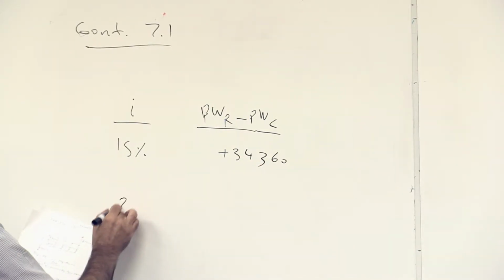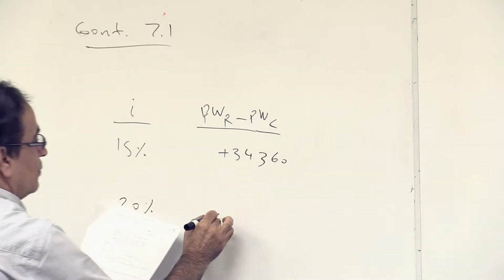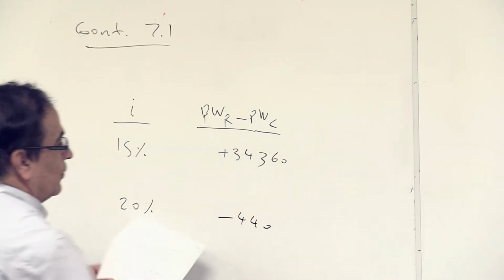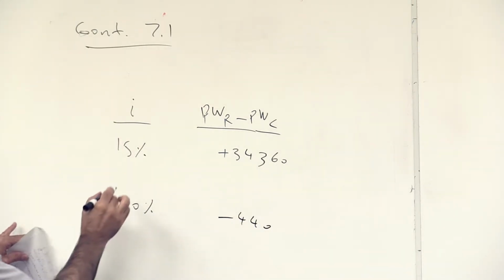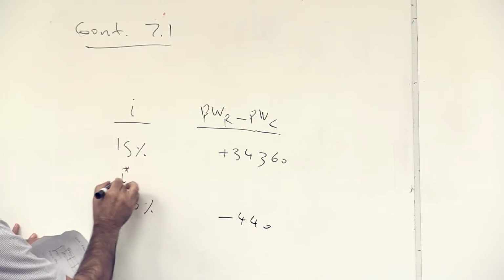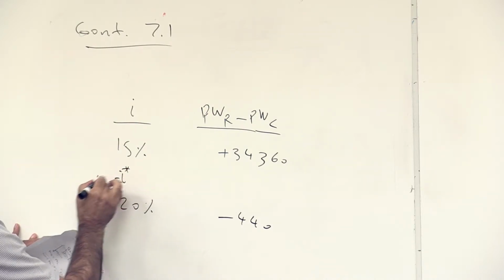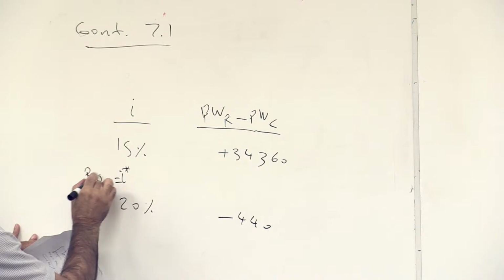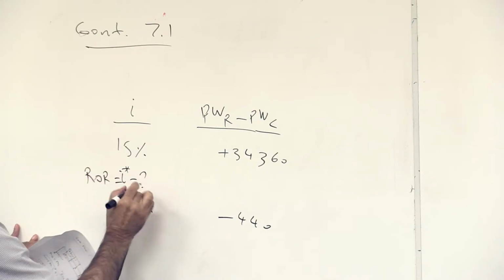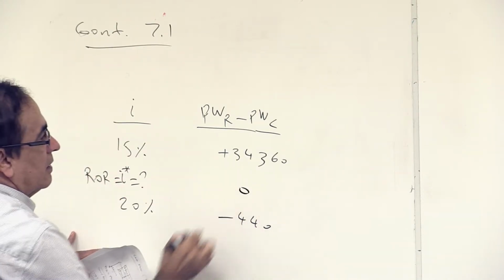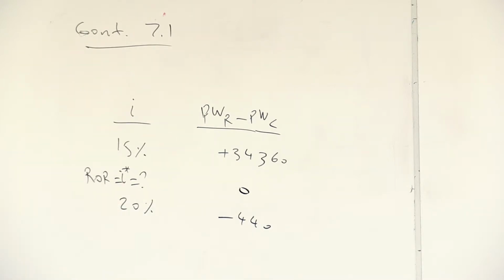At 20% it was negative $440. So we are trying to find an I, call this an I star, which is your rate of return, such that the difference between the present worth of revenue and cost is equal to 0. That's going to be my rate of return.